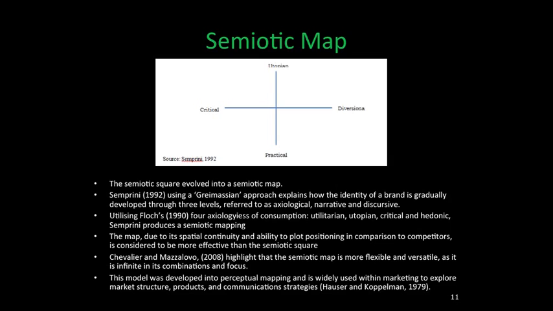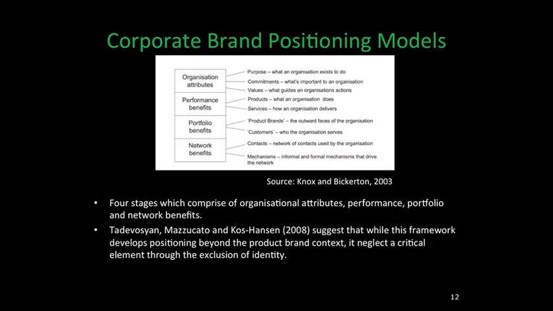The difference being, though, that the axes are changed to maybe be price and design led, and you would plot where you are on that map and where your competitors are on that map. So that is definitely something that you could possibly use to assist you in showing the positioning of your brand in comparison to your competitors.